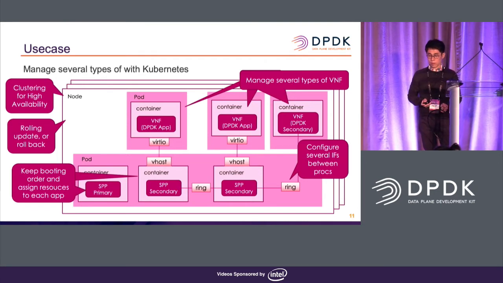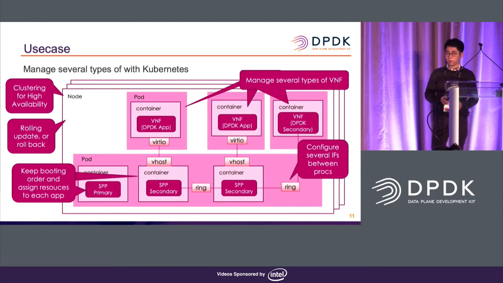And another one is manage several types of VNF in separate pods. In this case, there are 4 pods. Some include several containers, and some include just one container. But it is different for each use case.